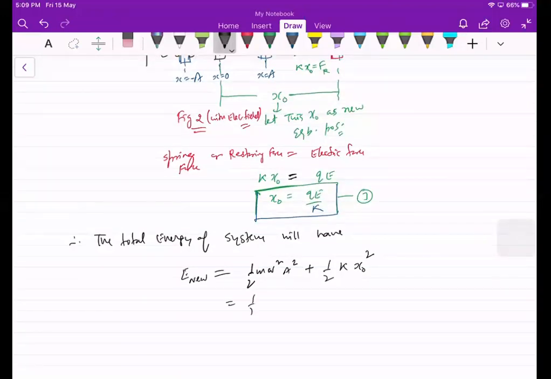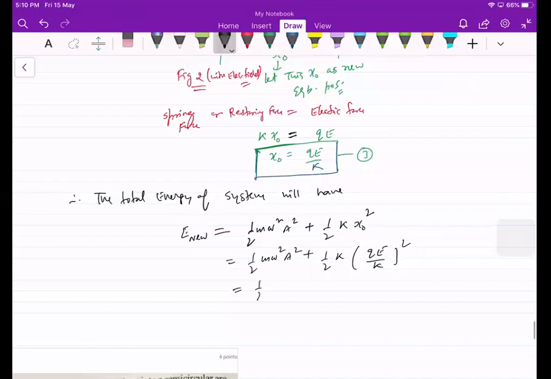So half m omega square a square plus, by putting the x naught value, QE by K, we can just solve it.